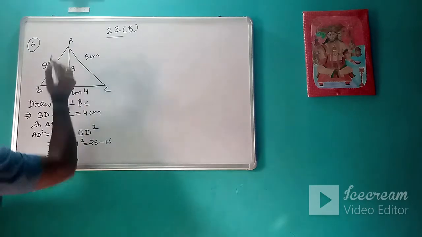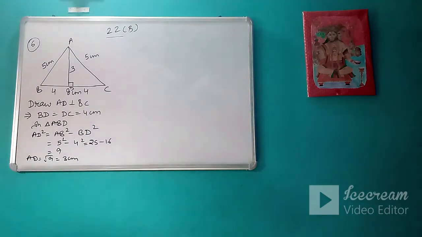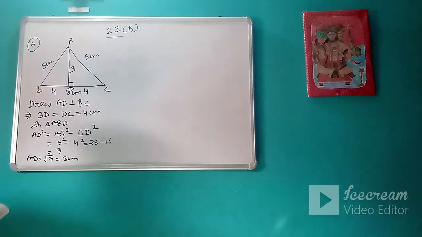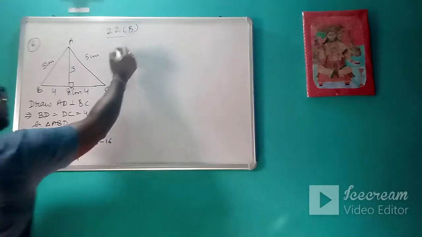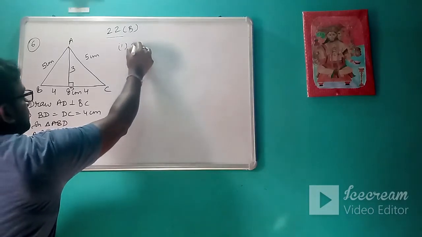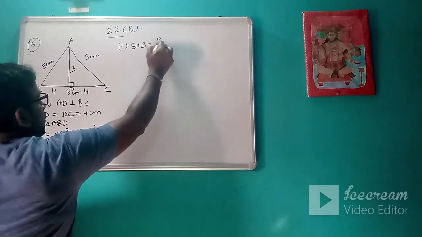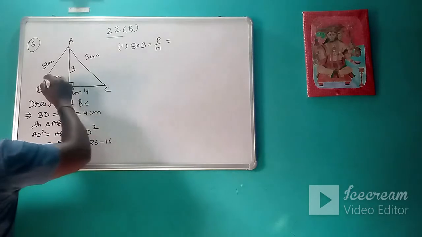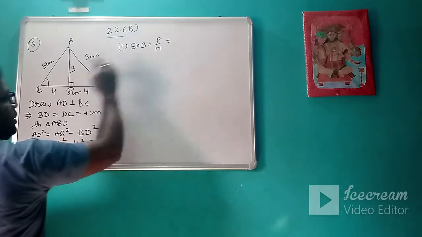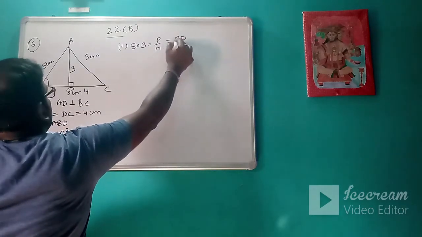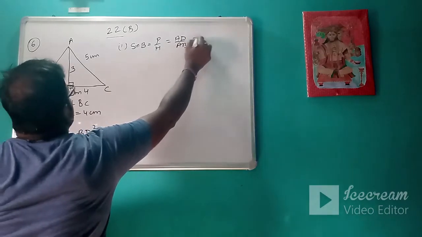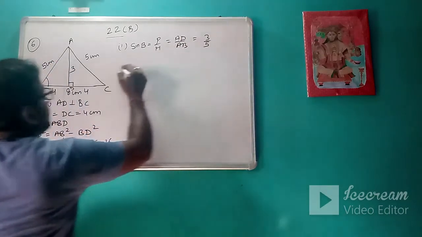After doing these calculations, now we will start to find the values. The first value that we have to find is sine of B. What is sine theta? Perpendicular upon hypotenuse. For this angle B, perpendicular is AD and hypotenuse is AB. So it is 3 upon 5.